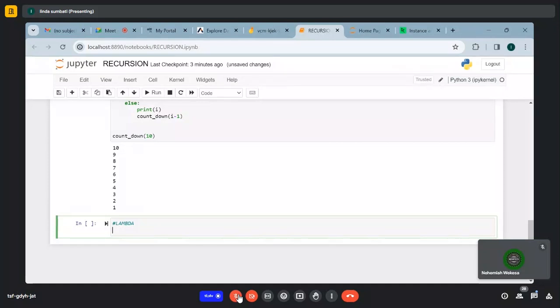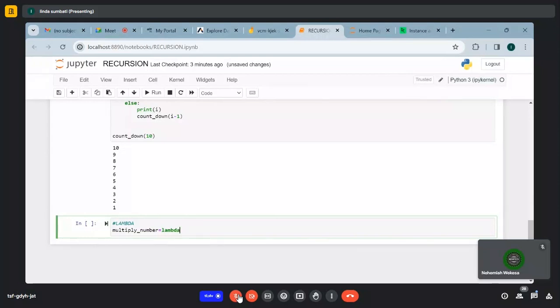So basically, if you use Lambda, you can say multiply number. Lambda takes the two arguments, the two numbers that you want to return.